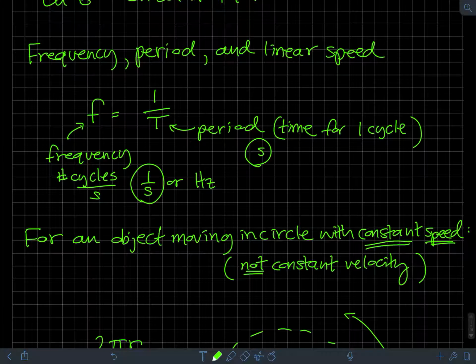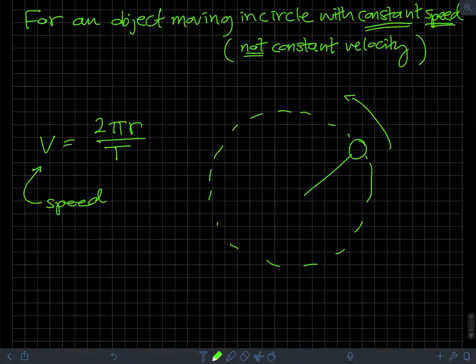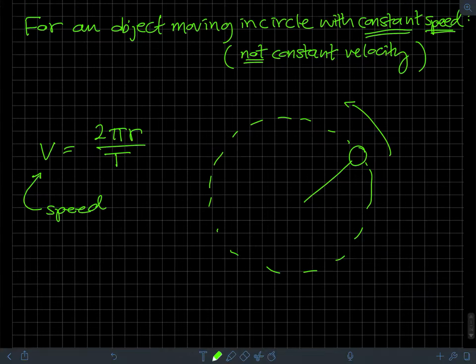Okay, so let's look at a situation where we have some object moving in a circle and it has a constant speed, but note, it does not have a constant velocity. Just take a moment and pause the video and see if you can determine why the velocity is not constant, even though the speed is constant.